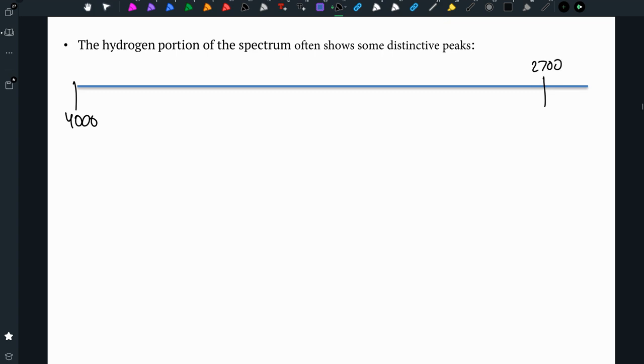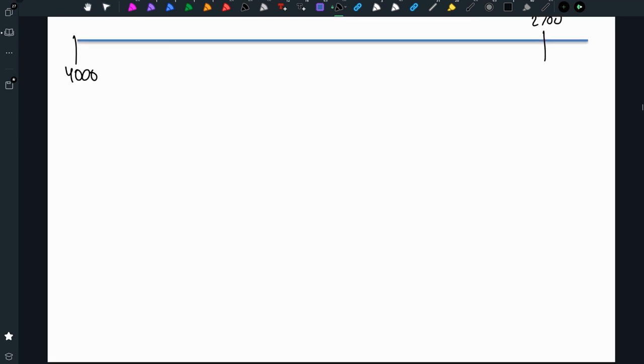So first of all, way over on the left, if you see a broad peak, let's say above 3,300, you see a broad peak over here, that usually represents OH.